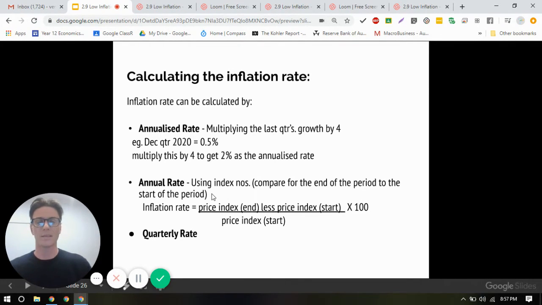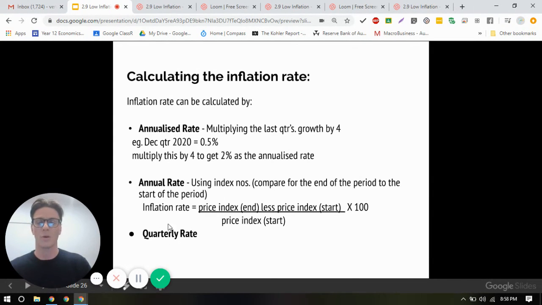Now the tricky thing is sometimes economists use quarterly rates and they turn them into annualized rates. The reason they do that is annual rates and quarterly rates use price data from the past. So we can only measure the prices that changed in the past. And annualized rates is actually looking forward.